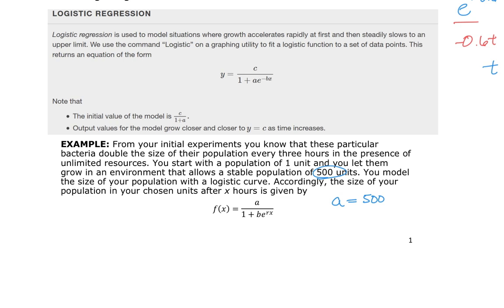Well, we know that it's going to stabilize at approximately 500, and so A is equal to 500. Okay, cool. What else do we know? Well, this B is not to be mixed up with the A up there. The initial population was 1 unit. So I'm going to say 1 is equal to 500 over 1 plus B, e to the 0.